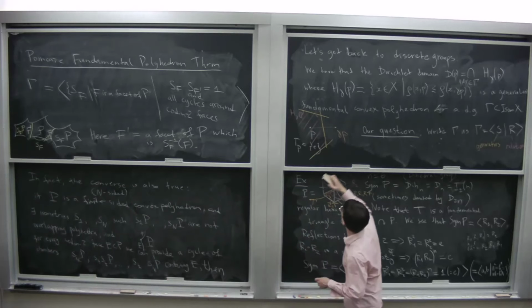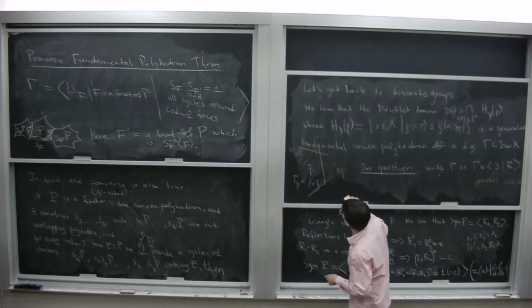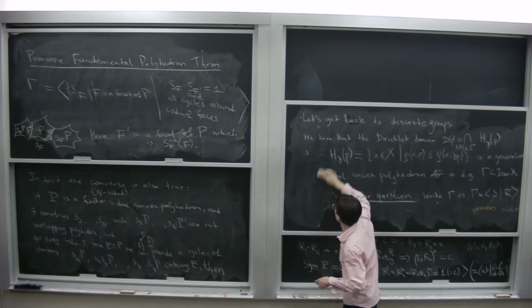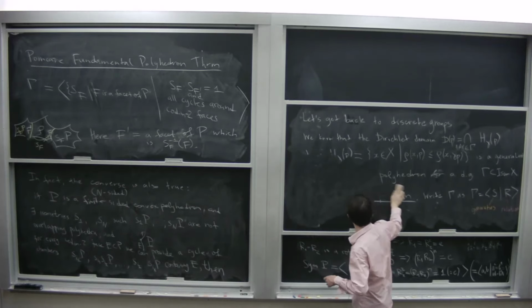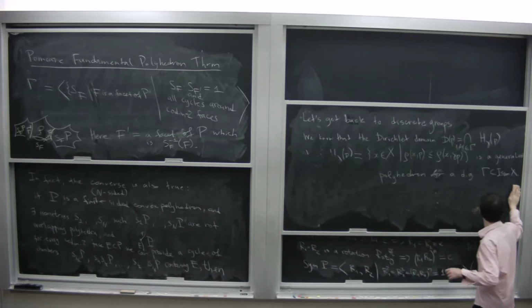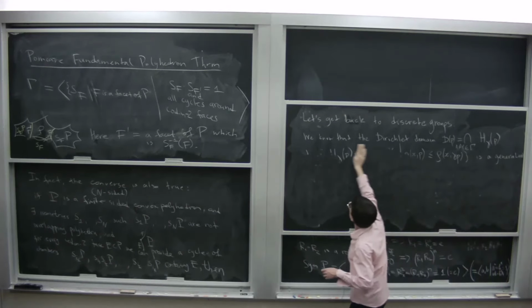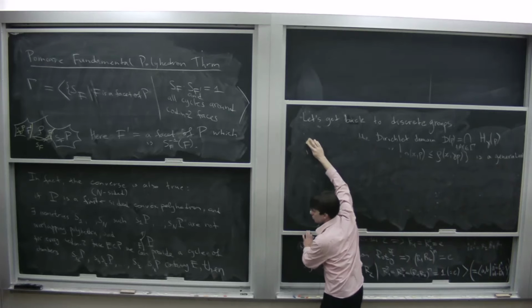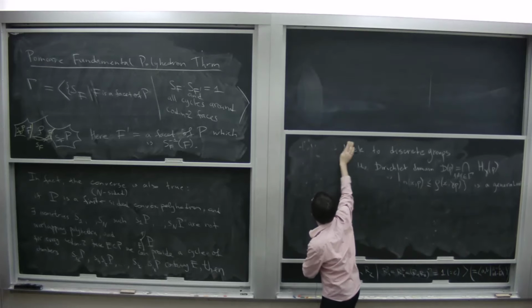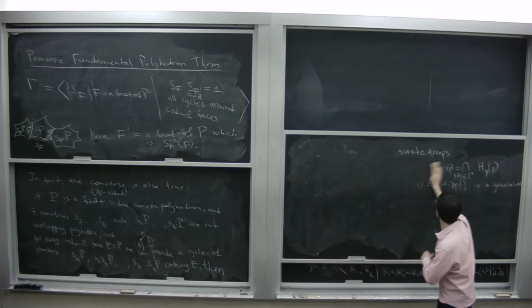So then the group generated by this with those defining relations gives me a discrete group of isometries with fundamental polyhedron P.